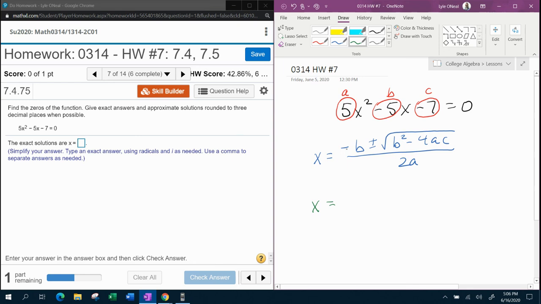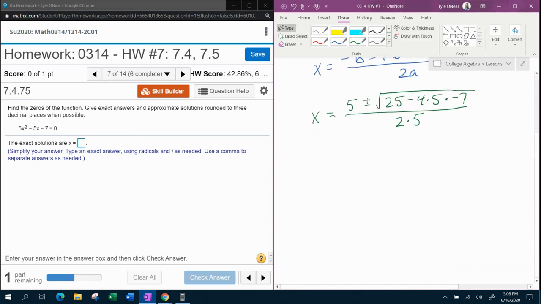So x equals -b. Notice that b is already negative, so two negatives make a positive 5, plus or minus the square root of b squared. That's going to be -5 squared, which is a positive 25, minus 4 times a times c, all over 2 times a.